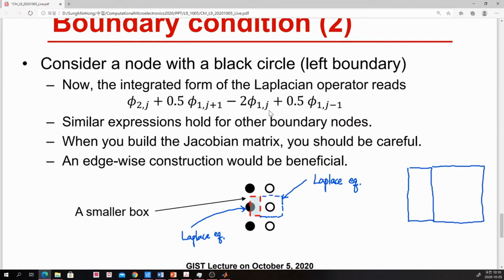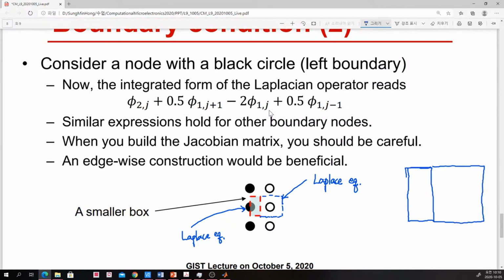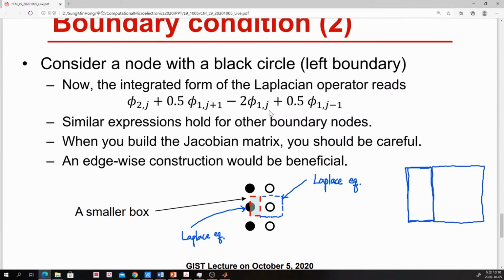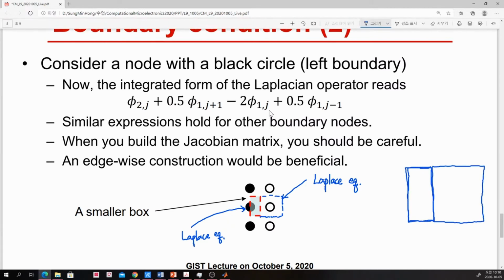Previously we had a square, however now we have half of a square, a rectangle, and previously we had 4 surfaces, but now we have 1, 2, 3 surfaces and 1 missing surface.